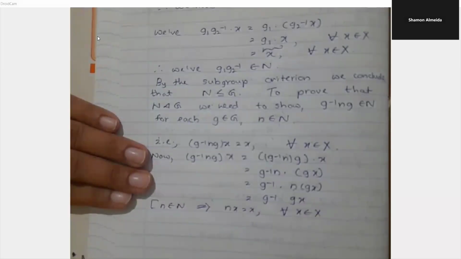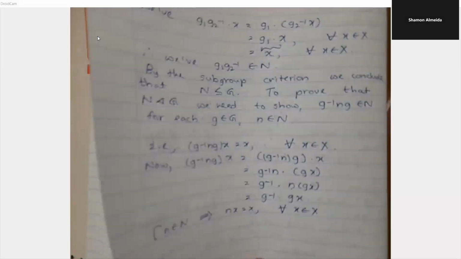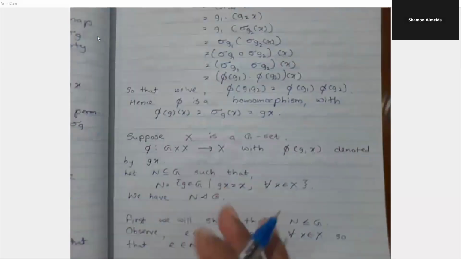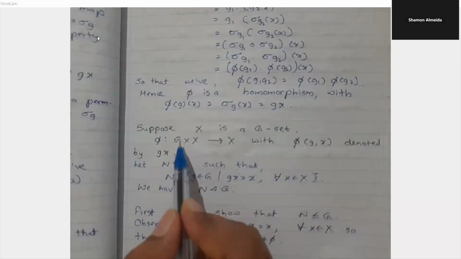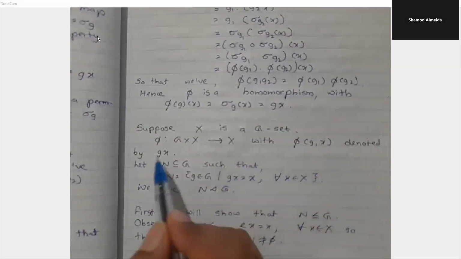And I told you for any g, g dot x is an element in X. Once you apply the group action, you go back to the definition of a group action: you take any pair of elements g comma x, and once you apply this, it will be denoted by gx.